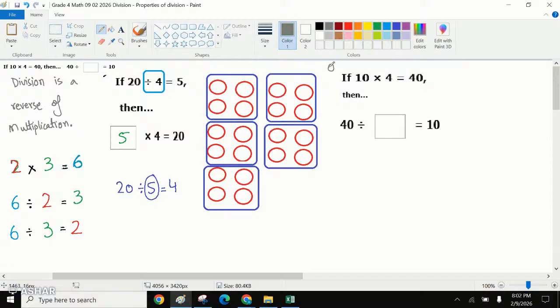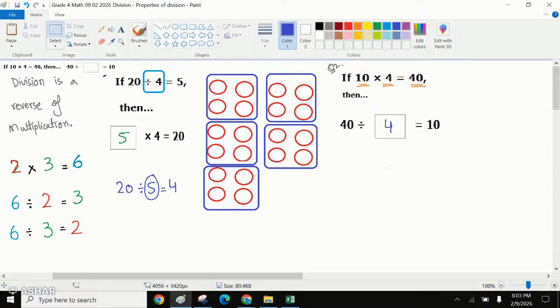In question number 2, we know that 10 was multiplied by 4 to find the answer 40. Then 40 should be divided by what number? Yes, thank you, May. Then 40 should be divided by 4 to make 10.